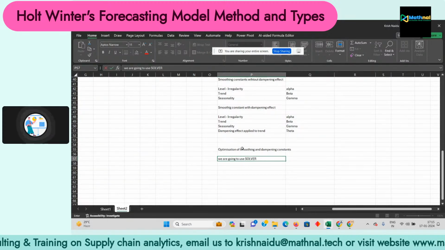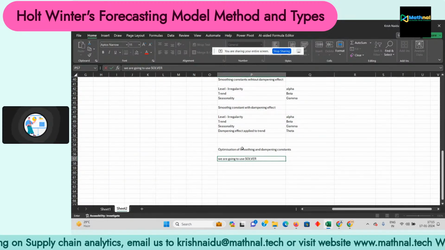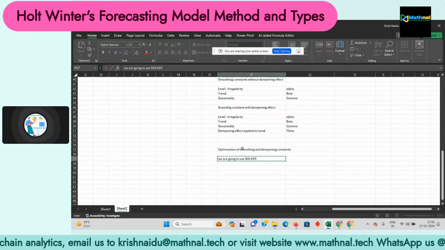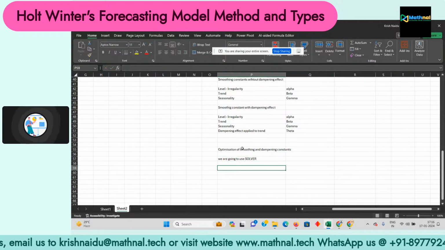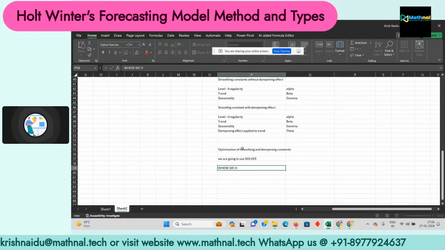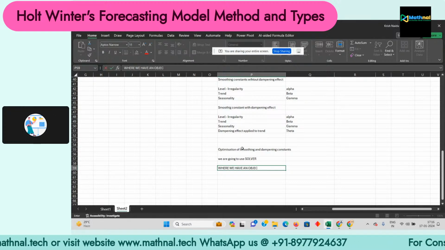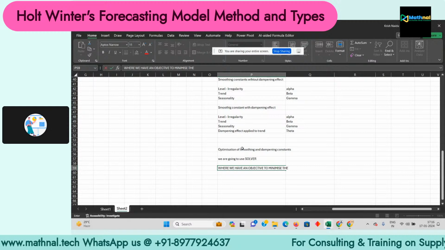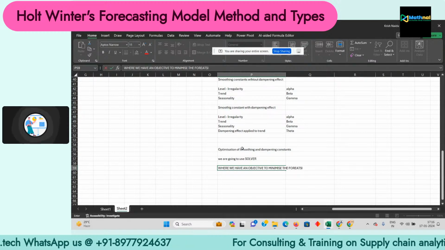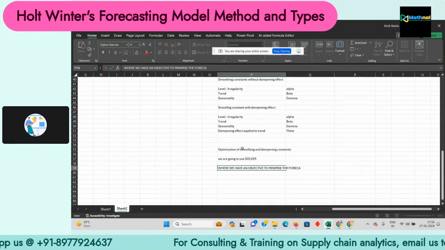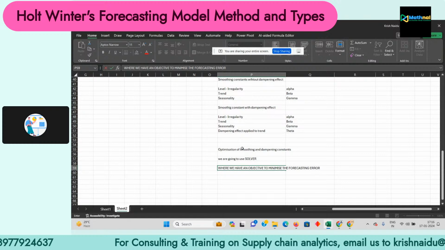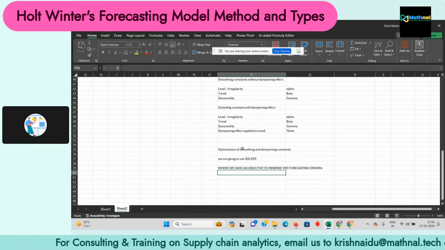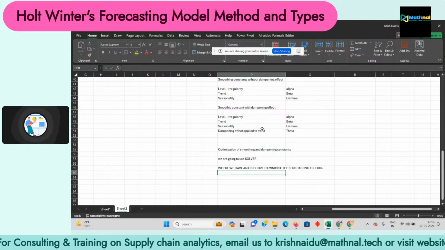This tool will help us to optimize the smoothing constants, where we will have an objective to minimize the forecasting error. So let's follow these three approaches.